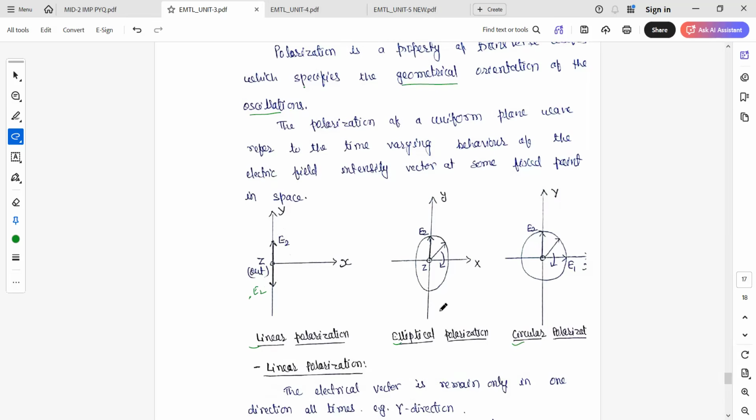Whereas in case of elliptical polarization, this is going to be the value of E1, and E1 will not be equal to E2. Whereas in case of circular polarization, E2 becomes equal to E1. So like this, we have three different types of polarization. Apart from this, we have horizontal polarization, vertical polarization, and other types as well.